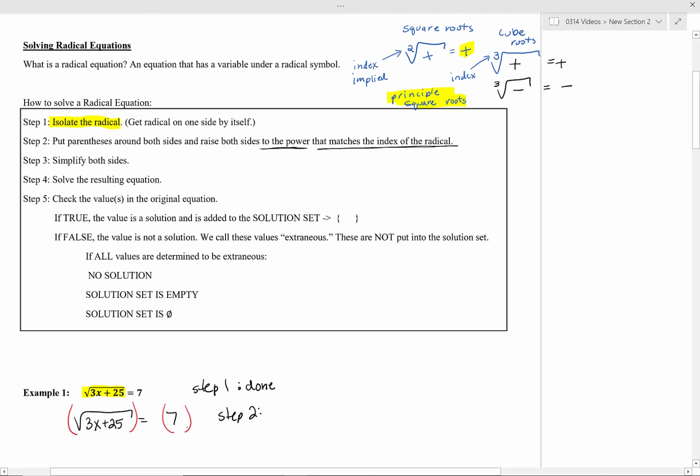And now I want to know, what is the index of that radical? Well, it's not written there. So remember that a square root has an implied index of 2. So we are going to raise both sides to the power that matches the index. In this case, we're going to raise both sides to the power of 2, because that's the same as the index of that radical.